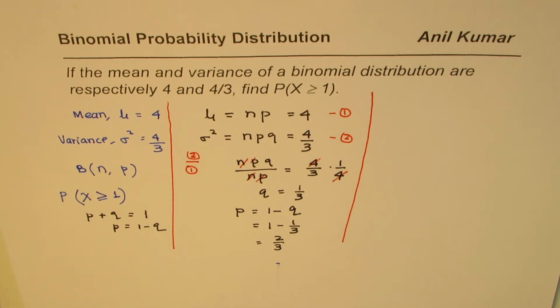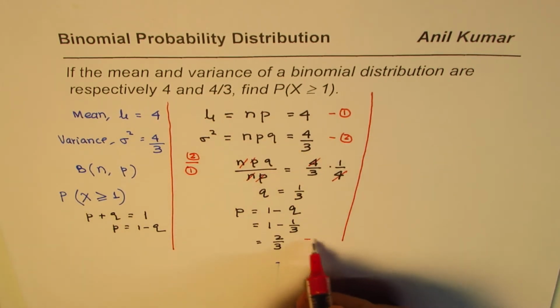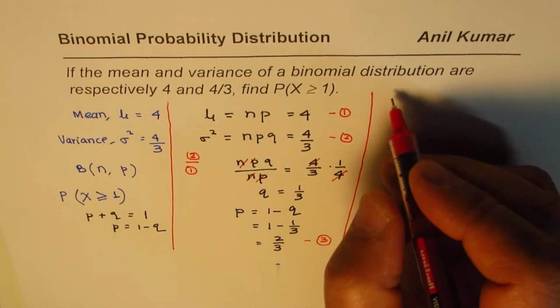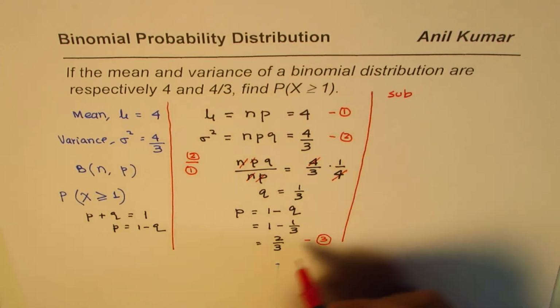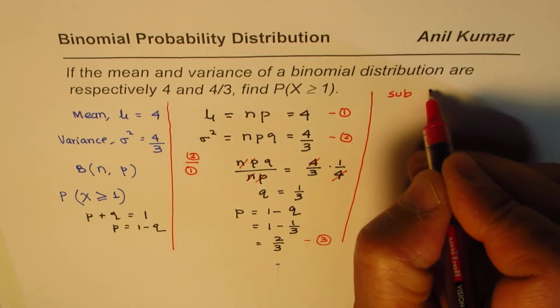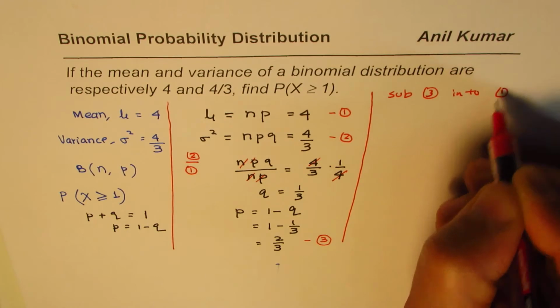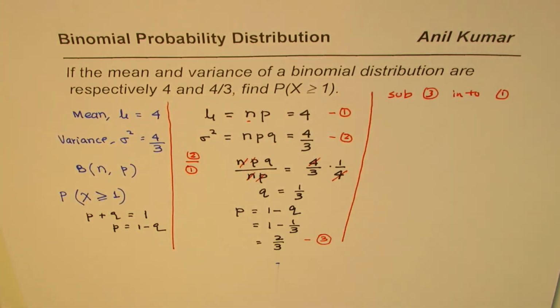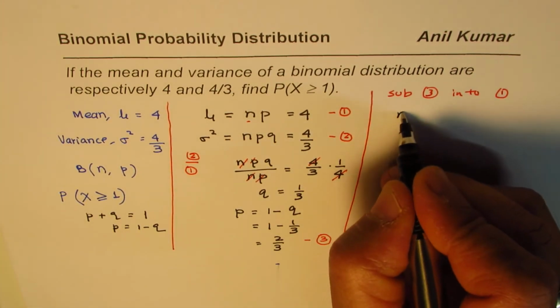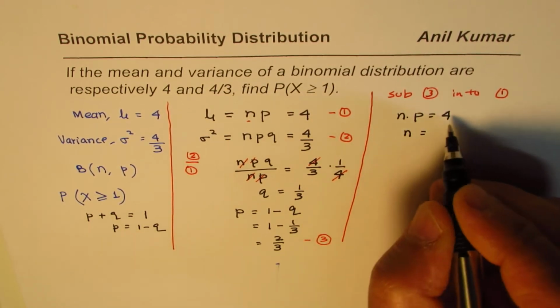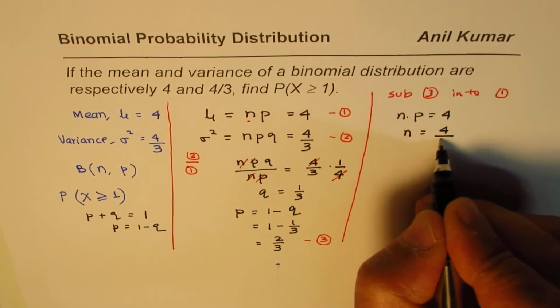Now once we know what p is, using equation 1, we can find the value of n. Let me write this as equation 3. We'll substitute the value of p from equation 3 into equation 1 to find the value of n. We have n times p equals 4, so n is equal to 4 divided by p.